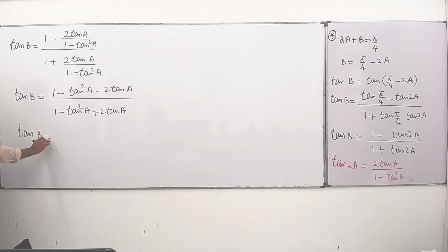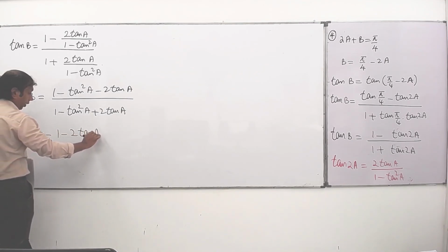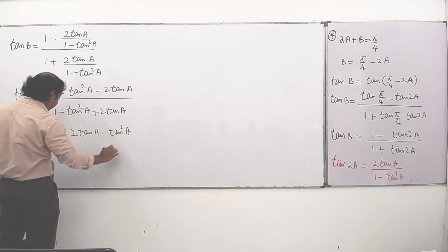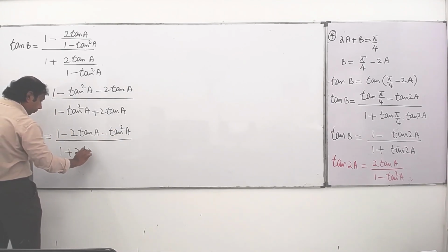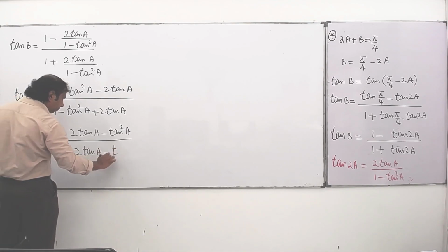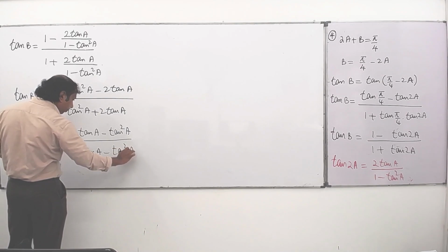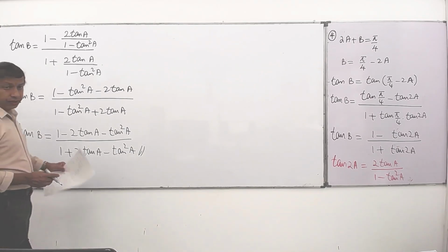Then tan B equals (1 minus 2 tan A minus tan squared A) divided by (1 plus 2 tan A minus tan squared A). Right, we'll take this one as star.